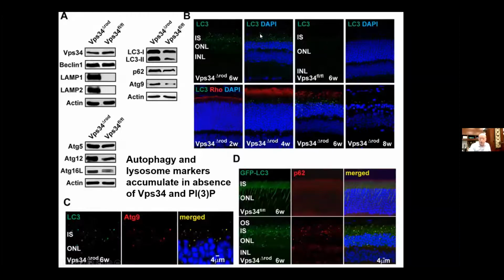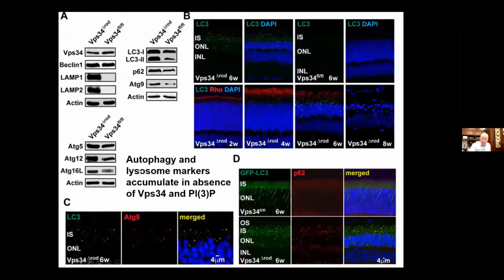And we can look at LC3 either by using an LC3 antibody, as shown in the top here, or as shown in the bottom, panel D here, through the use of an LC3-GFP fusion that's expressed in a transgenic line that we've mated with these. And you see that although there's tons of GFP-LC3 present in these cells, it doesn't form these nice puncta that we see in the knockout mice.